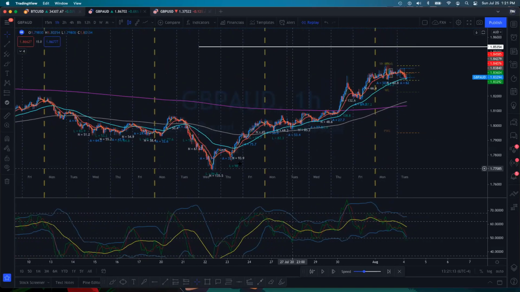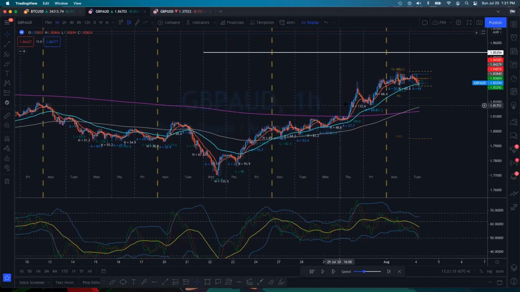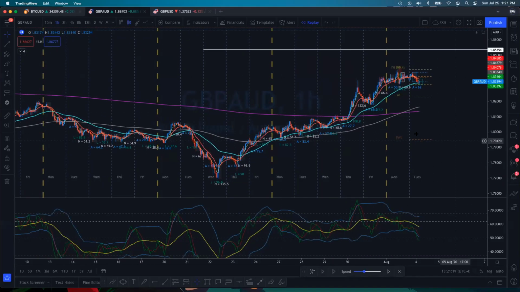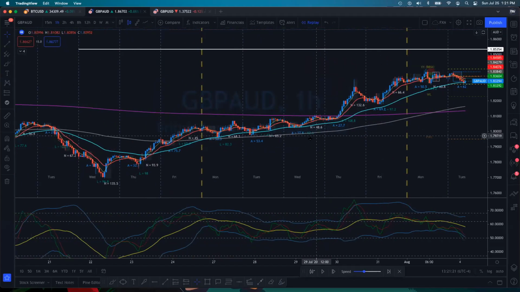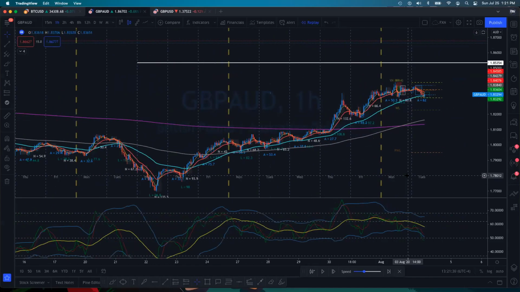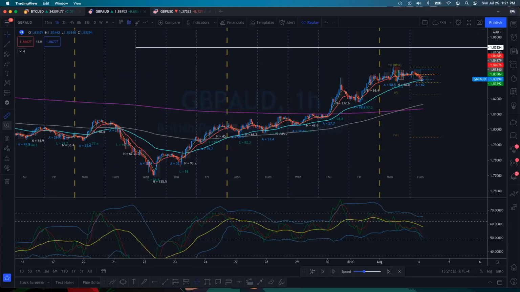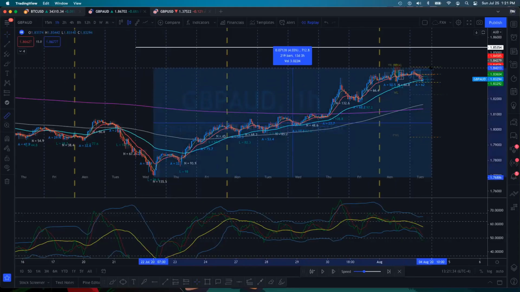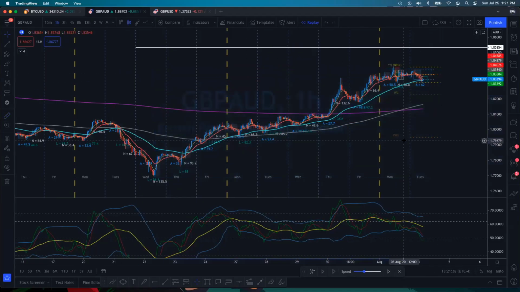If I knew exactly what the ADR was, I could probably shape this out to see where we are. But knowing that we're averaging like 200 pips or so a day, when you measure this out, it's like 600, 700 pips or so.